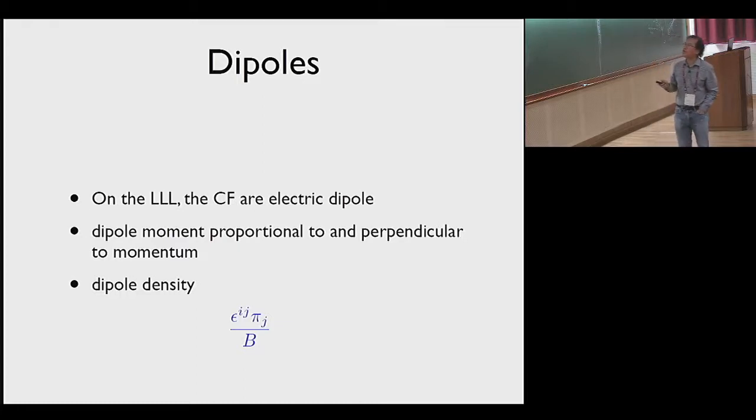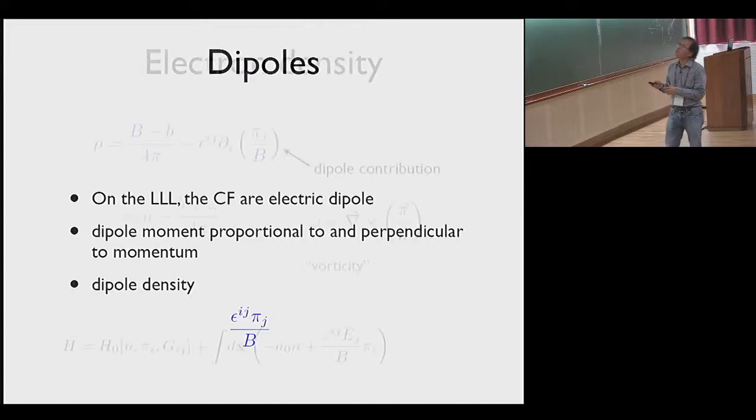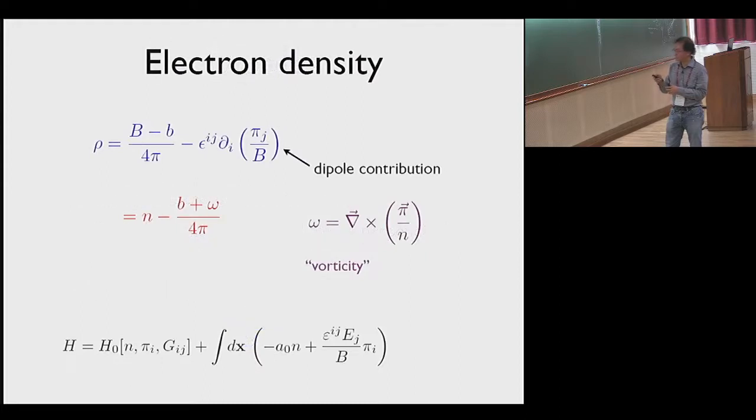There is one thing I have to mention: these composite fermions are electric dipoles with a dipole moment proportional to the momentum and perpendicular to the momentum. That's going to be important because in the expression for the electron density, there is a contribution that corresponds to the divergence of the dipole moment, which can be written alternatively as the vorticity of the hydrodynamic flow.